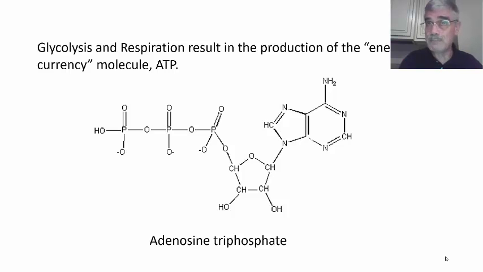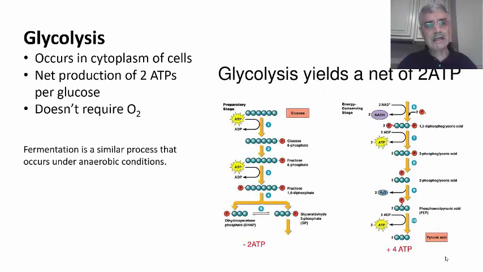Actually, we'll form many more ATP molecules in that second respiration phase. But this is the structure of adenosine triphosphate, which we commonly call ATP. Now, glycolysis occurs in the cytoplasm of cells, and there is a net production of only two ATPs in glycolysis.